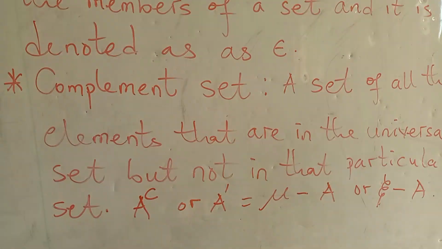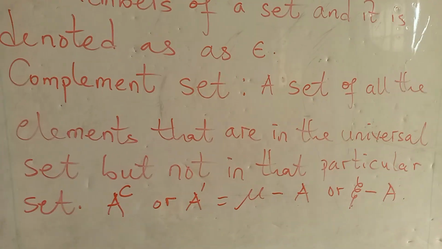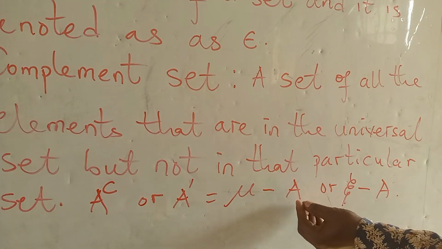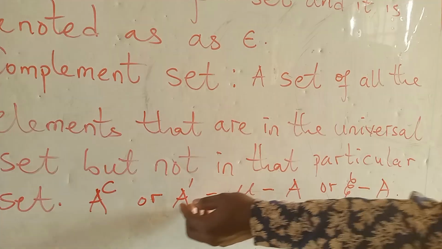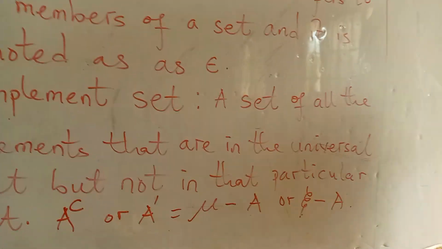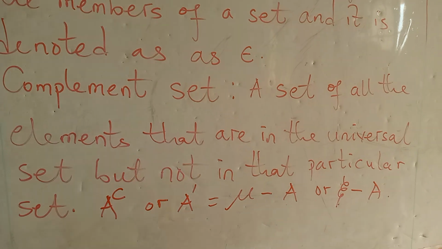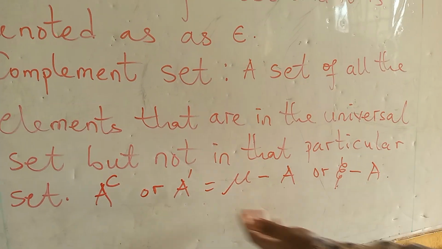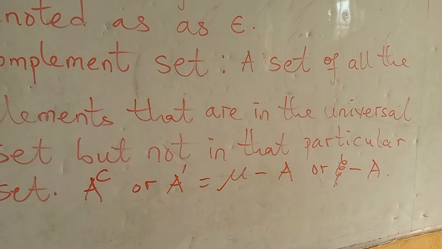What that simply means is that if the set is A, universal set minus A is A complement, because we are saying A complement simply refers to all the elements that are in the universal set but not in that particular set. It can also be written like this.